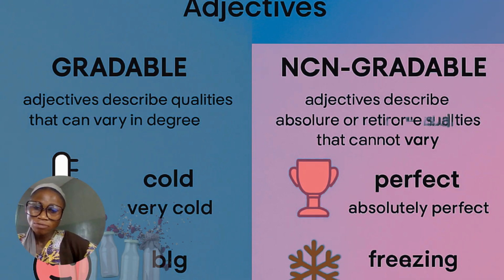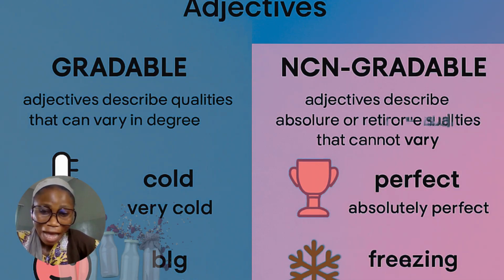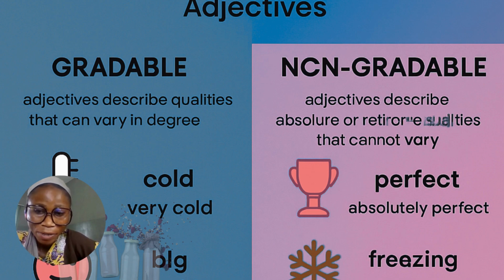In conclusion, gradable adjectives describe quality that varies in degree. They can be measured. You can use adverbs of degree like very, quite, a bit, extremely with them.